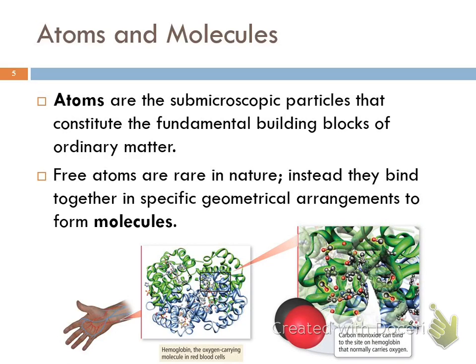The really nasty thing about carbon monoxide is that it is very similar in size and shape to oxygen. And so it can also bind to the hemoglobin. So you've heard of carbon monoxide poisoning. Every year, people die of carbon monoxide poisoning. And it's very tragic because it's for the most part avoidable.